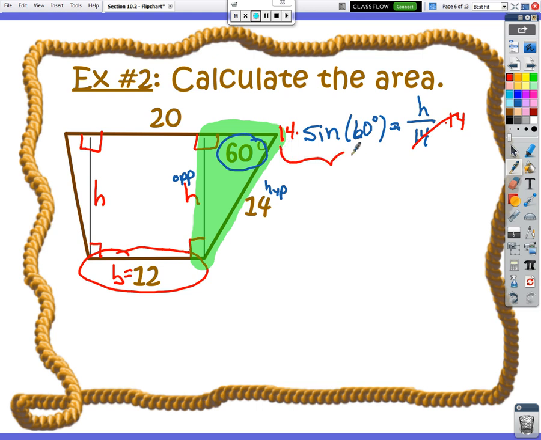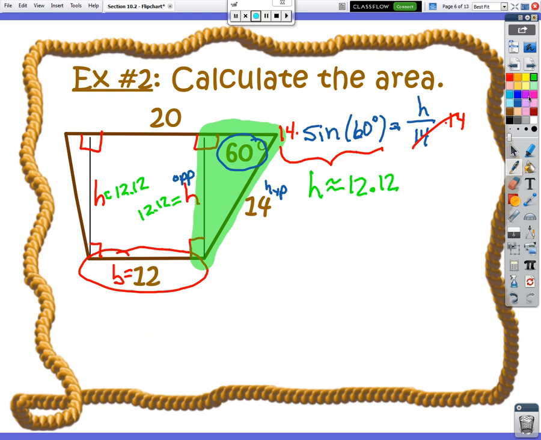And so in my calculator, I would need to come up with an approximate value. And I'm going to go to 2 decimal places here. And so if I type in 14 times sine 60, I get 12.12. So now I know the height of not only the rectangle's 12.12, but also of my triangles are 12.12.